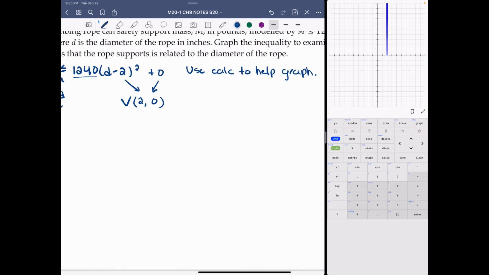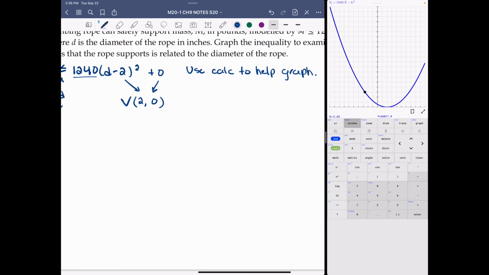We see a weird looking line. The reason it's thick is because that's our whole parabola. So we want to zoom in on that. Zoom, we can try 6, zoom fit. There we go, that's a better graph. And if I just look at my numbers here, they're quite big, 73,000, quite large numbers.